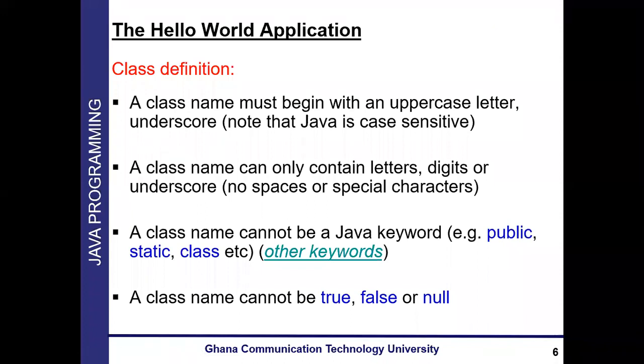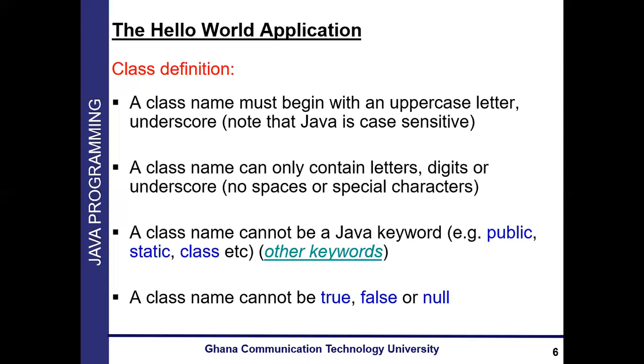The first convention is that the class name must always begin with an uppercase letter or an underscore. Because Java is case sensitive, you have to be careful that whatever class name you give, if you are mixing uppercase and lowercase, the starting character must be an uppercase or capital letter or the underscore.